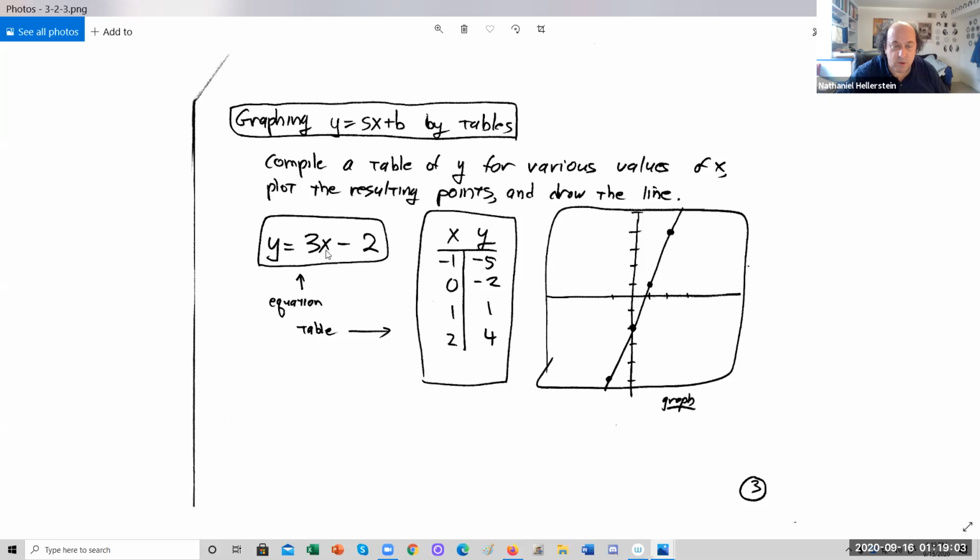If x is 0, 3 times 0 minus 2 is -2. When x is 1, 3 minus 2 is 1. When x is 2, 3 times 2 minus 2 is 6 minus 2, which is 4. So you have the points (-1, -5), (0, -2), (1, 1), and (2, 4). These are 4 points, and you draw the line between them, and there you go.